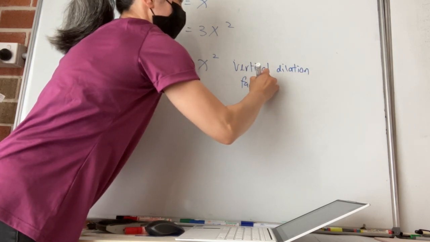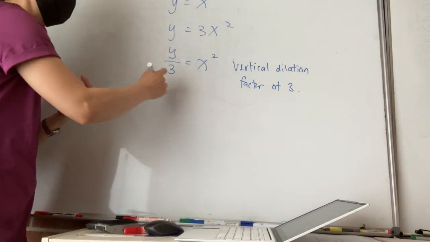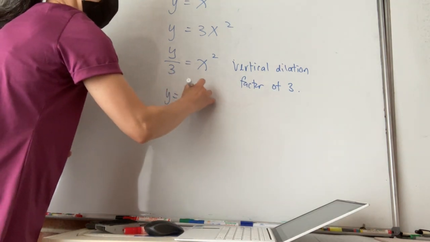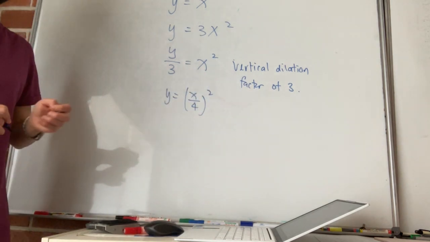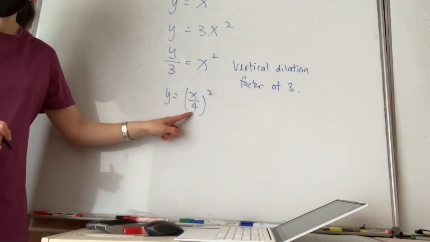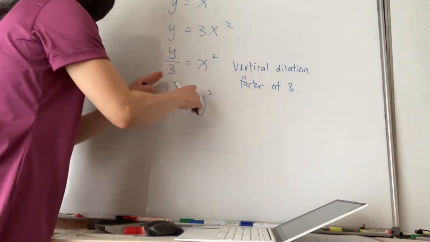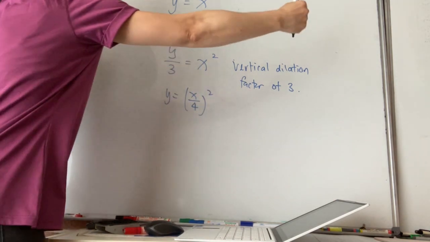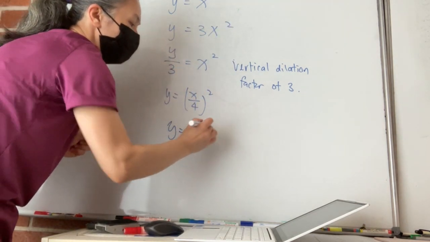So this is the vertical dilation, factor of 3. On the other hand, if I have y equal to x over 4, to the power 2, this means I have a horizontal dilation factor of 4. So when you have y equal to x squared, you pull it across by 4. And be really careful with this one.